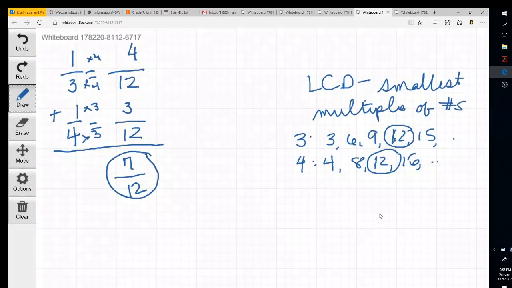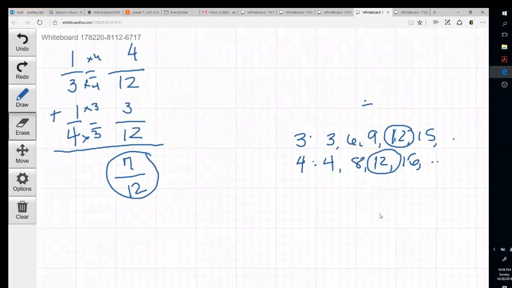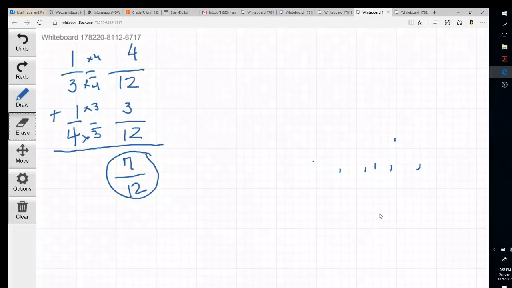Okay, subtraction works the same way. So if we want to have 1/3 minus 1/4, we want to see how much more of the pizza I ate than my child, then we would subtract. If I ate 1/3, the kid ate 1/4, then how much more did I eat than him or her?